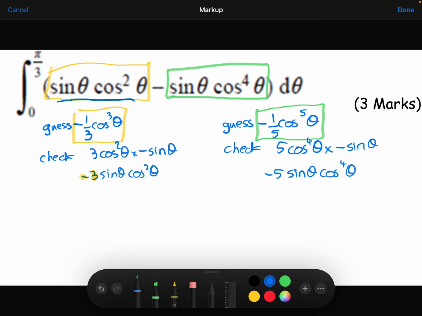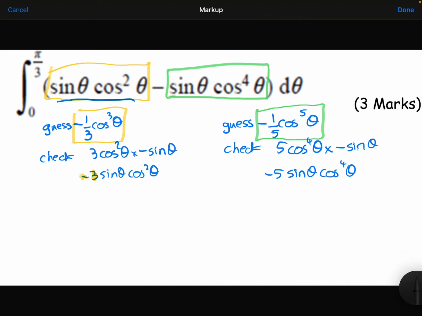So putting all of that together then. The first term in yellow integrates to be the minus 1/3 cos cubed theta. The second term in the green box there integrated to be minus 1/5 cos theta to the power 5.